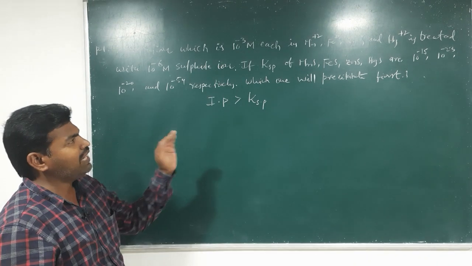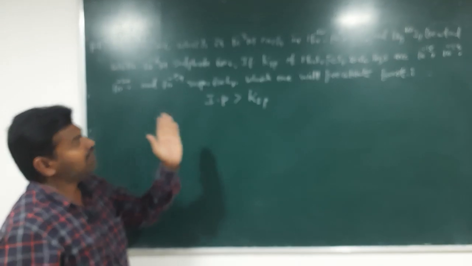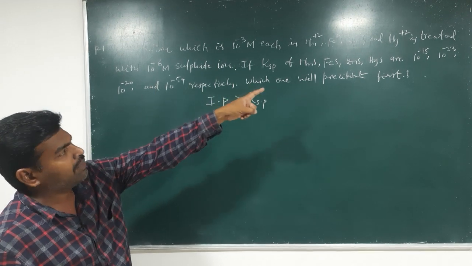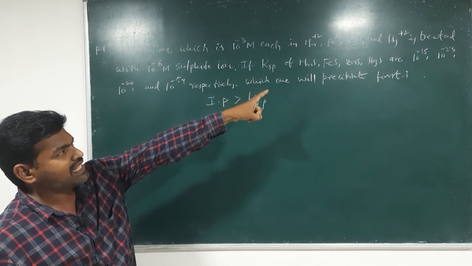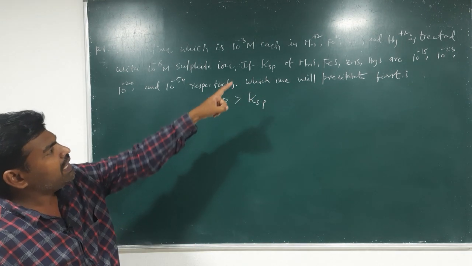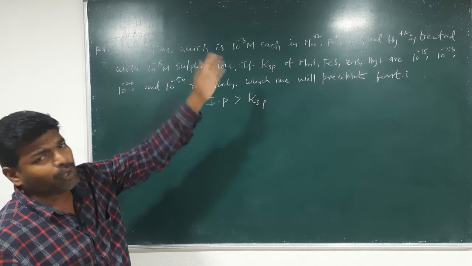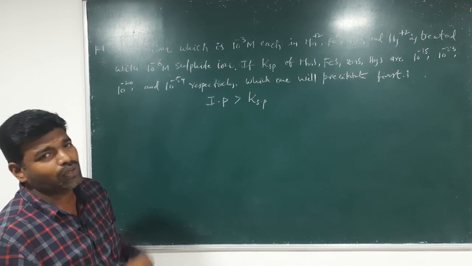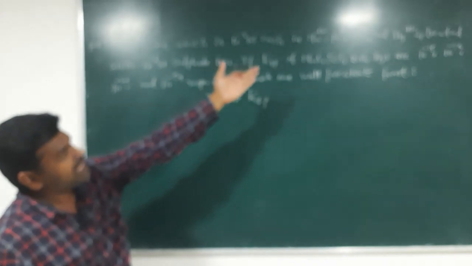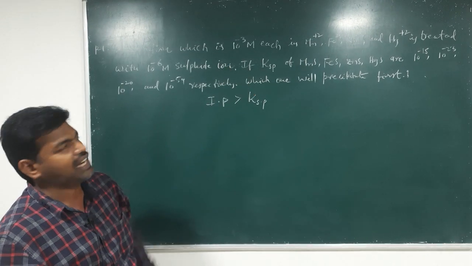So, let us calculate the ionic product. They gave the solubility products of MnS, FeS, ZnS, HgS, but they did not give the ionic product values, but we can calculate the ionic product values with the help of given data.